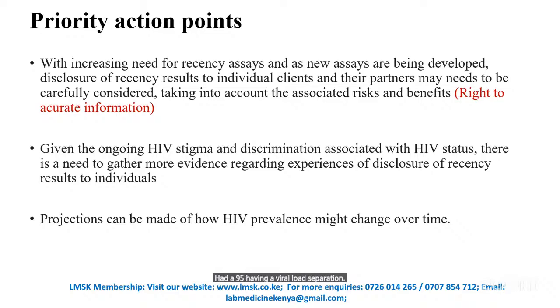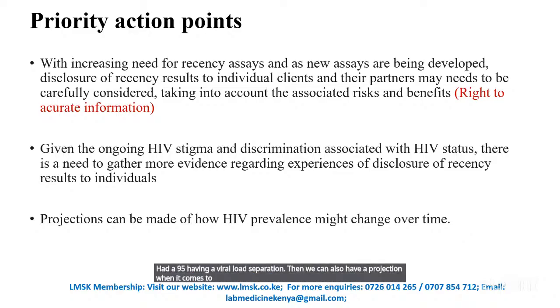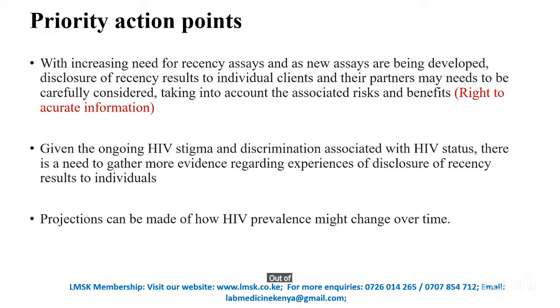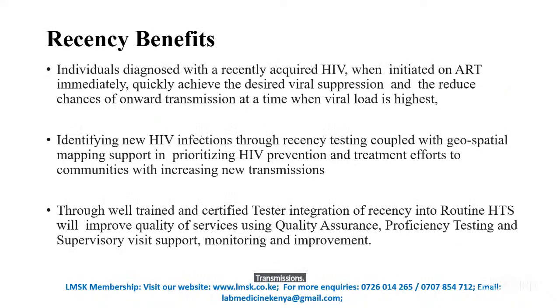Then we can also have a projection when it comes to the prevalence, because we'll know, out of these newly infected clients with HIV, with the intervention in place, how we are going to stop the ongoing transmissions. So, recency benefits.